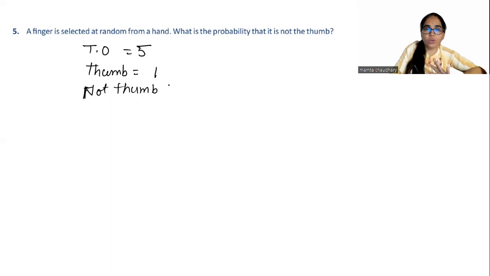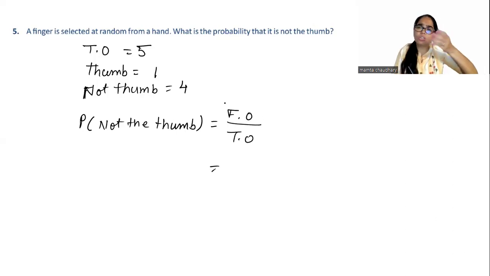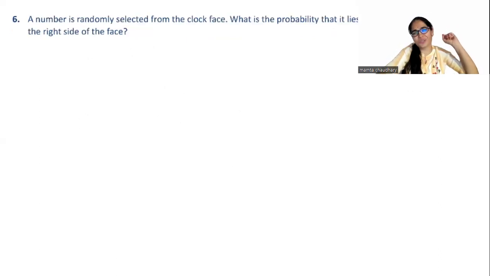There are 4 which are not thumb. Now we need to find the probability of not the thumb. Formula: favorable outcomes upon total outcomes. Favorable outcomes are 4, and total 5. So 4 by 5, that's it. Now let's move to the next question.